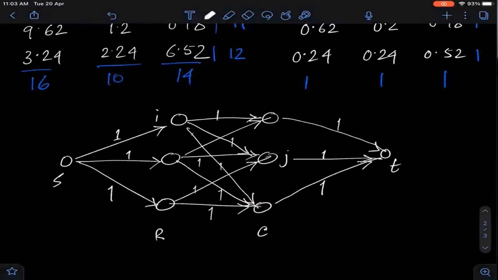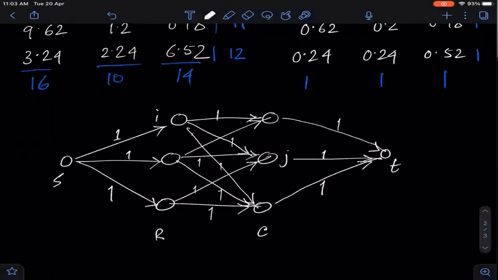Similarly, for every edge from the columns to the sink, I keep a capacity equal to the column sum. And now there are these other edges, say the edge between the row I and the column J.